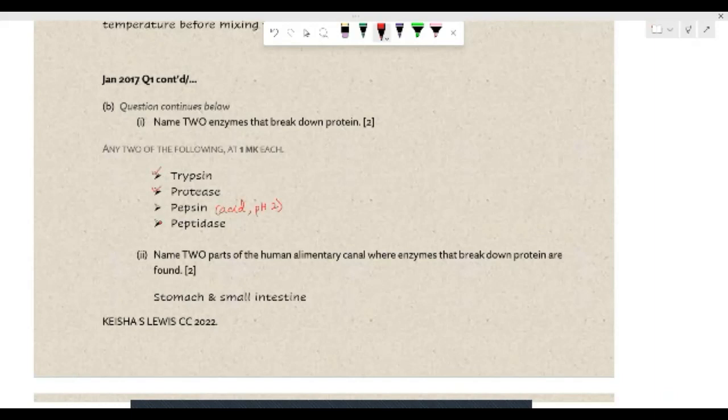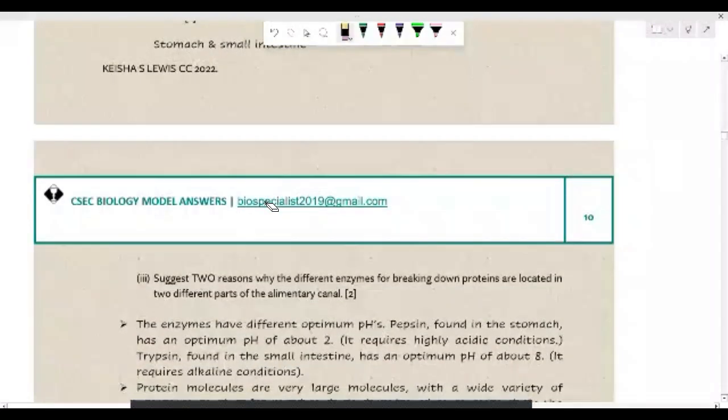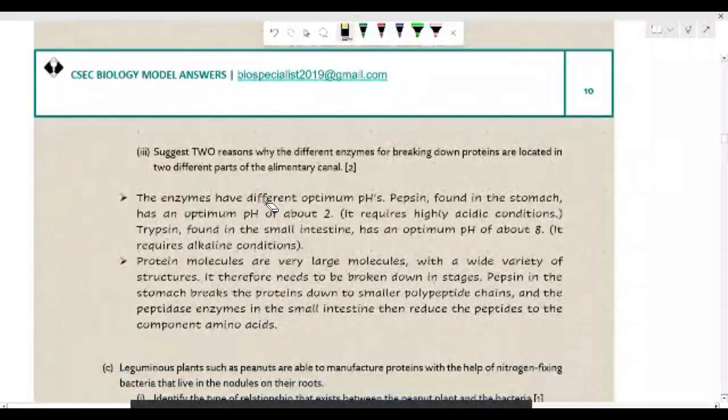Everybody else works well in alkaline conditions, right? And not even heavily alkaline, relatively alkaline. I wouldn't say more alkaline than in your mouth. Let's say that, okay? Because in your mouth would be close to neutral, like 7.5, whereas in the small intestine, you're looking at around 8.5, right?